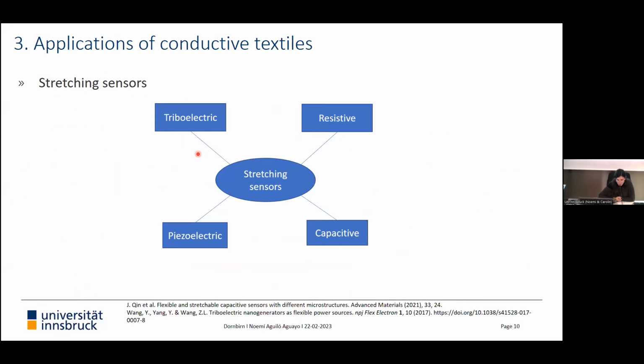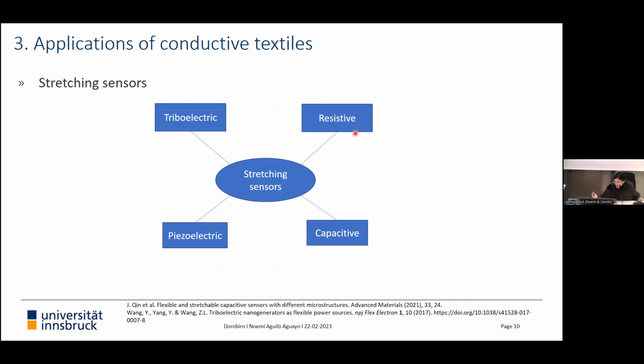So one of the main applications of conductive textiles is for stretching sensors. There are different principles to get this stretching sensor. One is through the resistance.